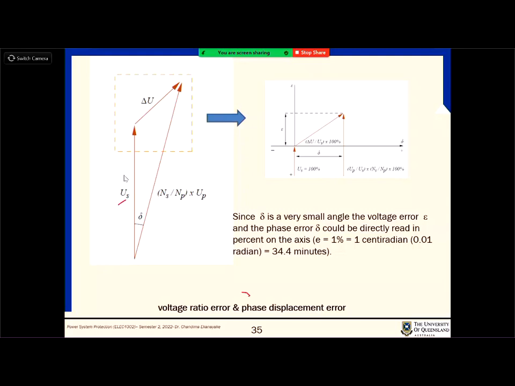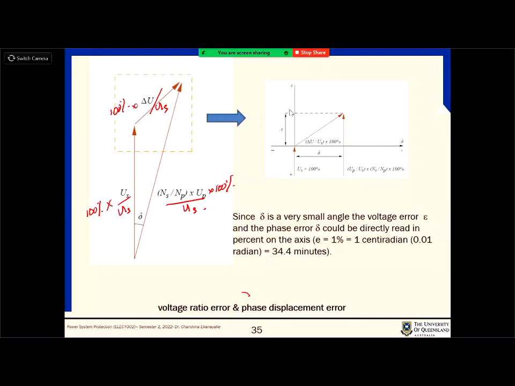So we divide all parameters by Us, and then we multiply by 100%. Then we end up with this sort of figure. It's the same thing as what I have done, dividing every parameter by Us and multiplying by 100%.